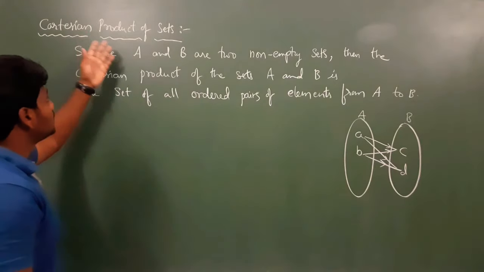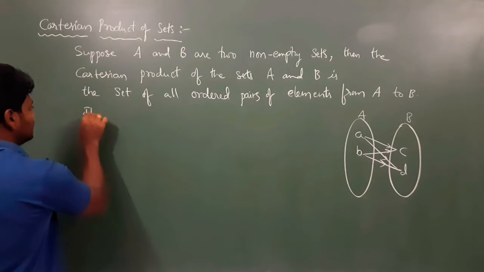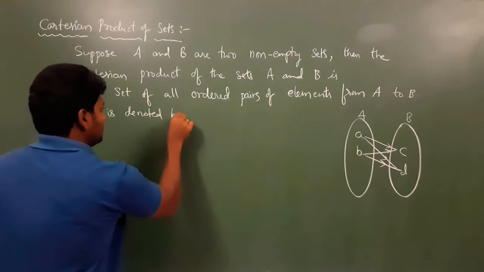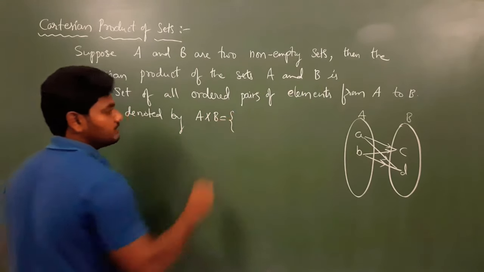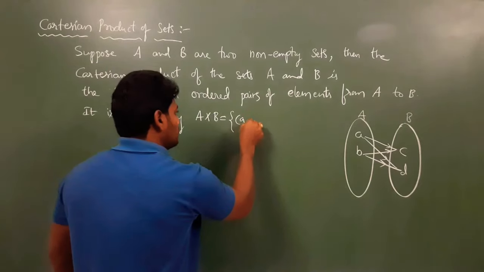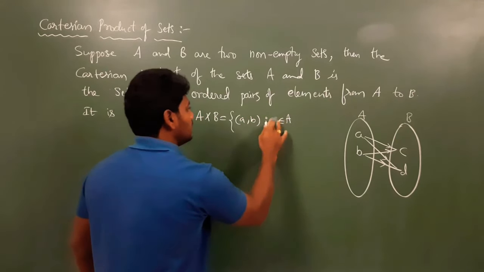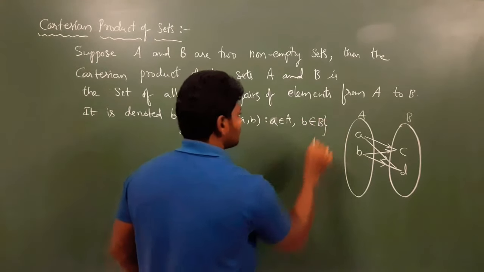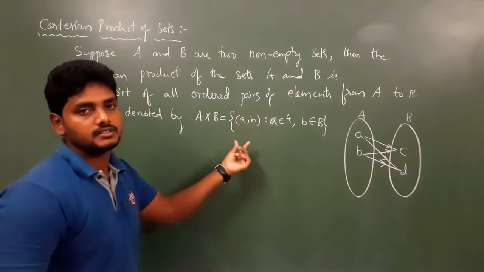But how to write in terms of Cartesian product is, it is denoted by A cross B is equal to ordered pair a comma b such that a belongs to A, b belongs to B. Whatever may be the sets, we will consider in terms of ordered pairs.